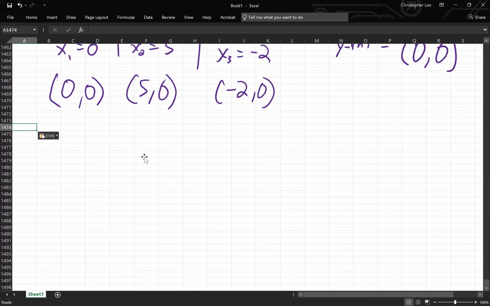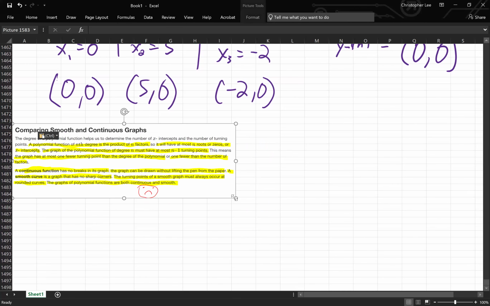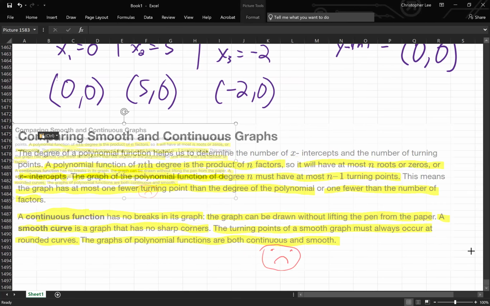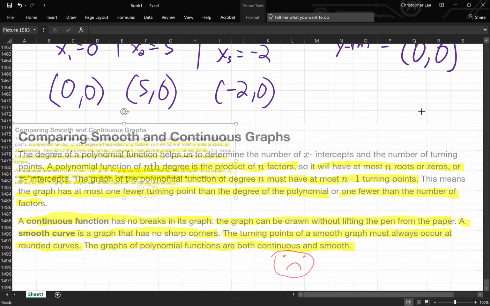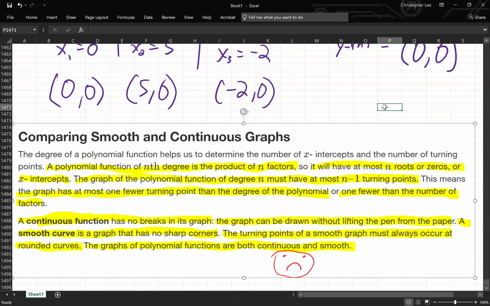It's about to get lit right here. We're going to be comparing smooth and continuous graphs now, right? So the degree of a polynomial function helps us determine the number of x-intercepts and the number of turning points. A polynomial function of nth degree is the product of n factors, so it will have at most n roots or zeros or x-intercepts.